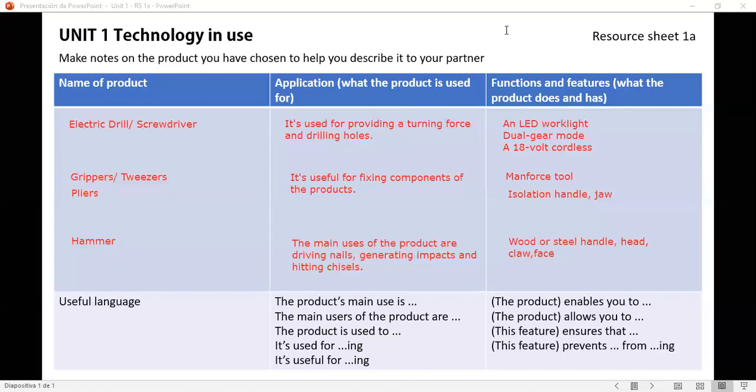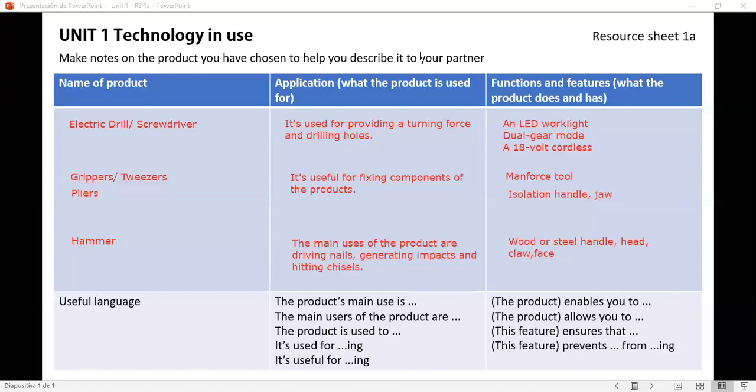And we also have the function of these grip pliers, like a manual-force tool that you can use with an insulation handle, or you can have a jaw in this tool, no?